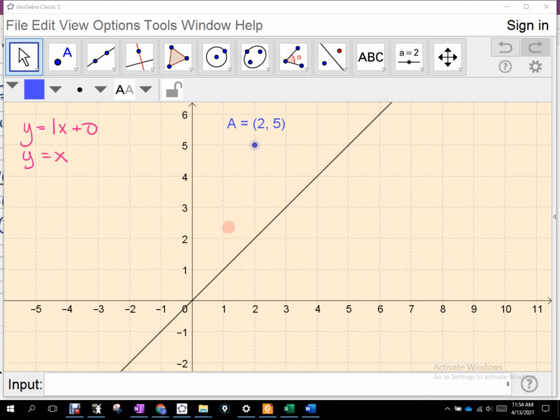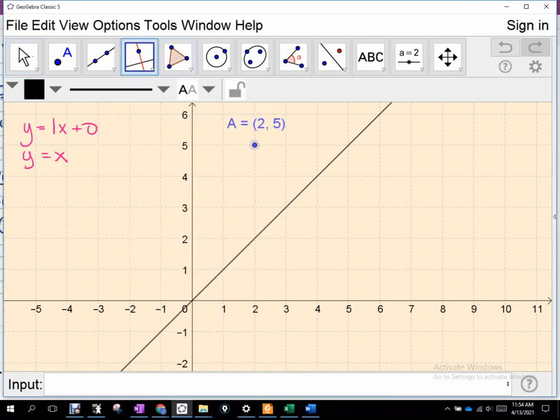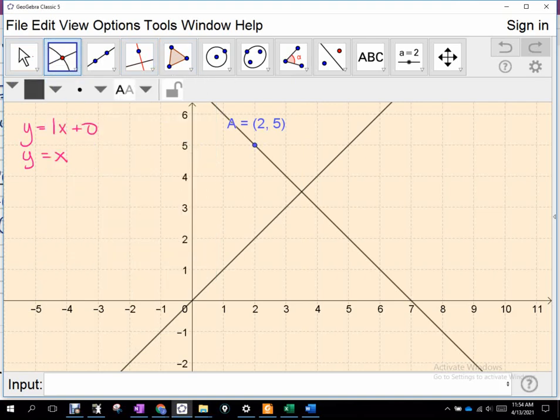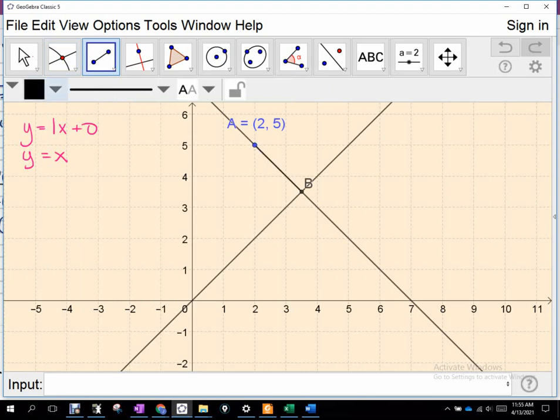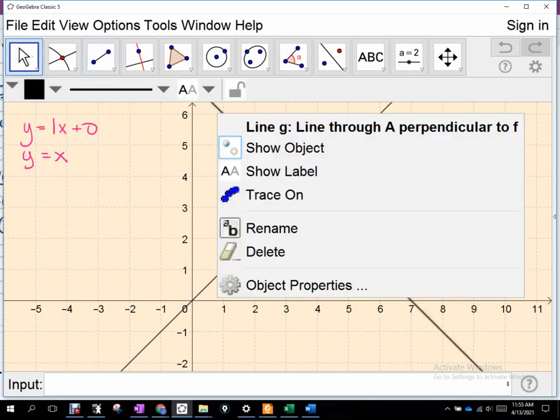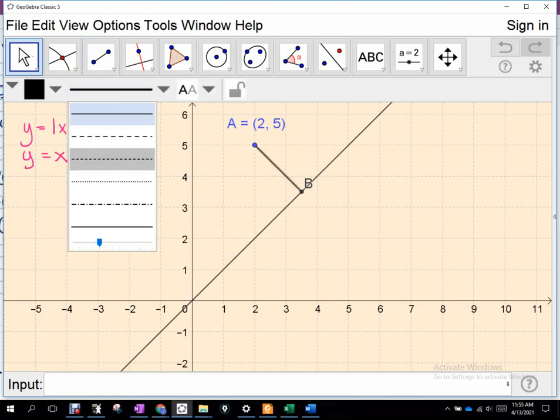If I want to reflect across that line, remember that reflection preserves distance. So I'm going to take the distance from A to that line right there, which is that distance, and I'll make it a dotted line.